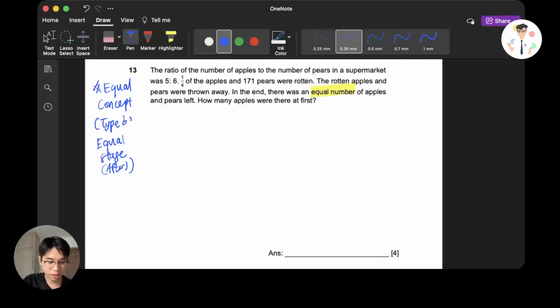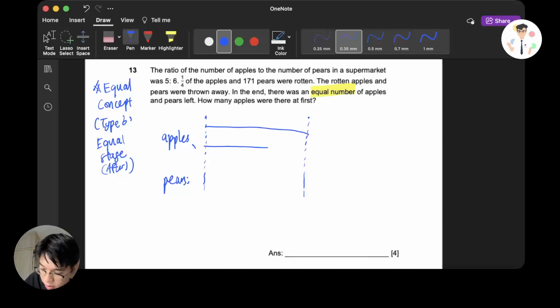So what I would suggest you always do is draw the model. So this is apple, this is pears. So this is after, and after they are actually the same.